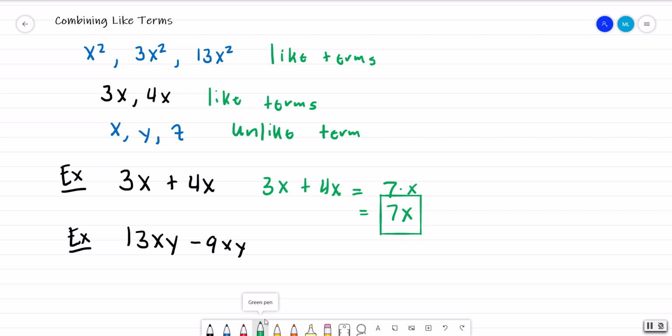Another way that I can combine like terms, instead of saying that xy is a placeholder, is to reverse the distributive property, where I have 13xy minus 9xy, and then I just take out the xy. So we can put parentheses, 13 minus 9, multiplied by xy, and what you end up with is 4xy.